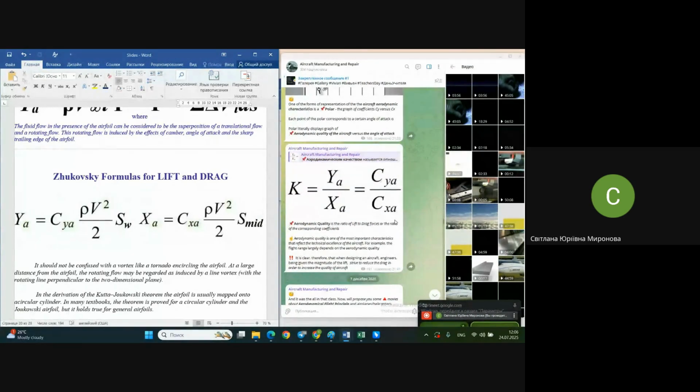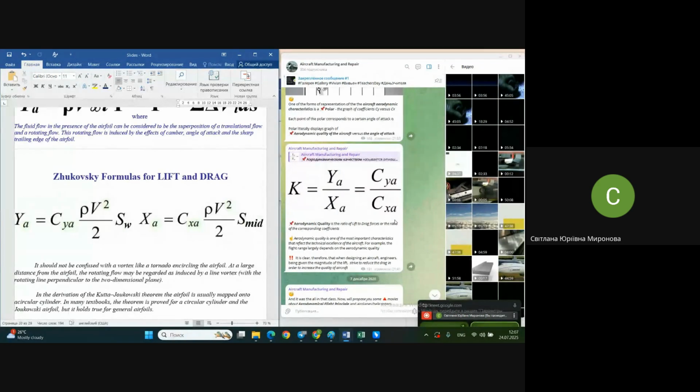What are the values of this aerodynamical quality? Quite clear. They may start from zero. If you have zero lift, you have zero quality. But usually it comes to values like, approximately, for modern passenger airplanes, I do not remember values for historical airplanes.